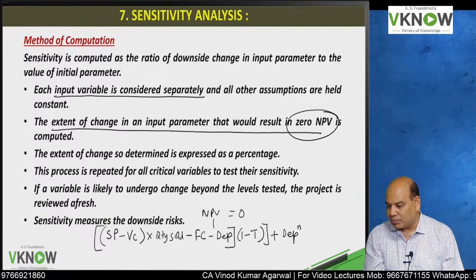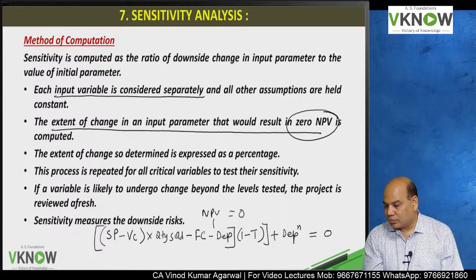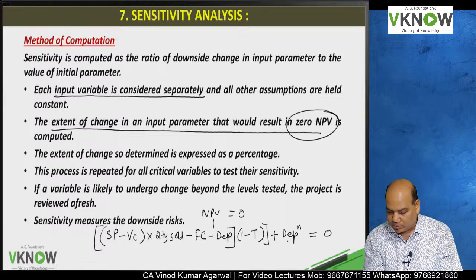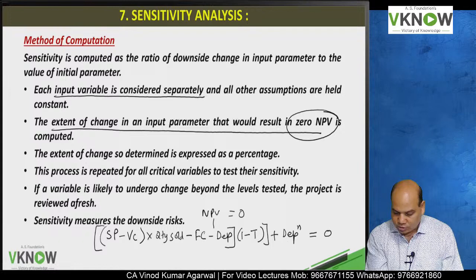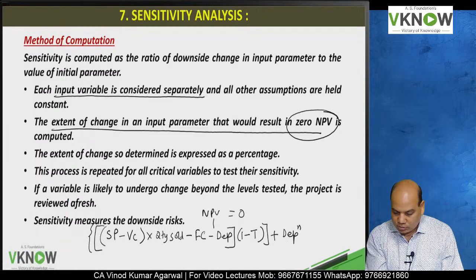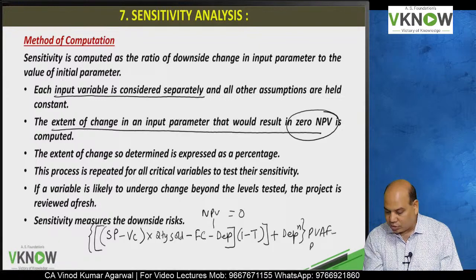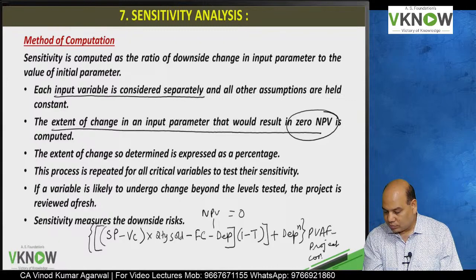That will be multiplied by one more thing. This whole thing you multiply by PV annuity factor minus project cost, and that should be equal to 0.